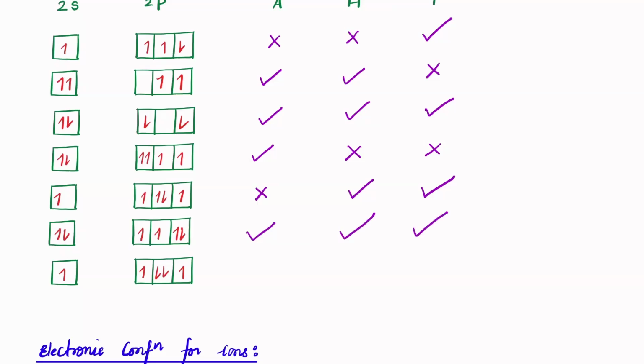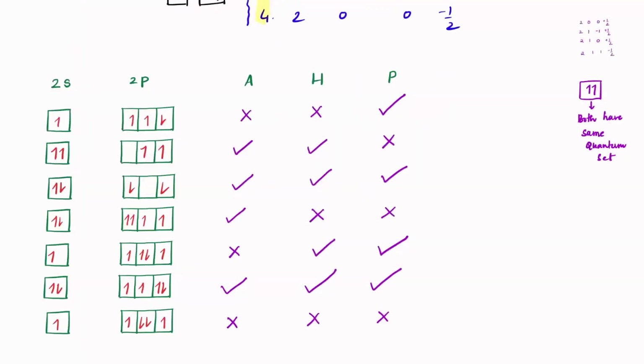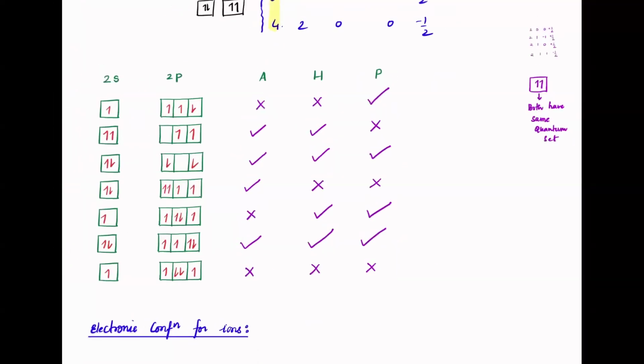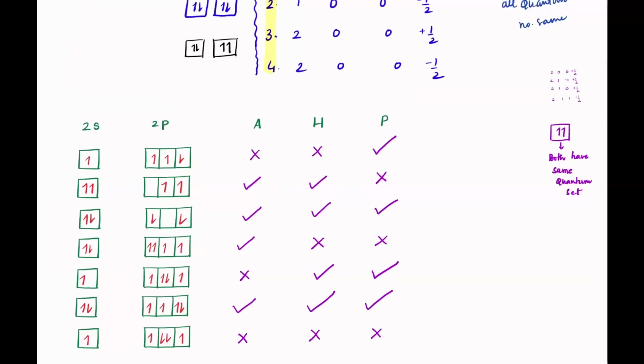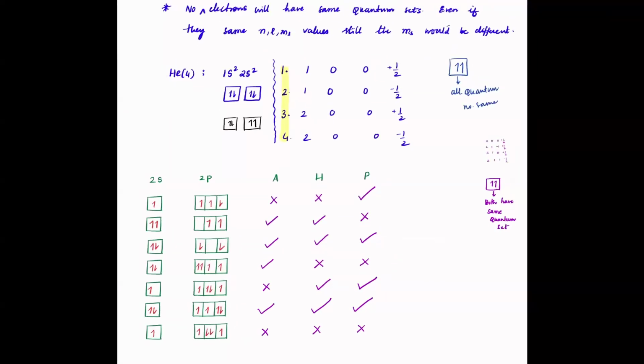Last case, Aufbau is not followed, Hund's is also not followed, Pauli's is also not followed. Please go through these examples with the distribution of electrons, everybody. If you have any doubt, you can ask me now. I'll give a minute's time, go through.